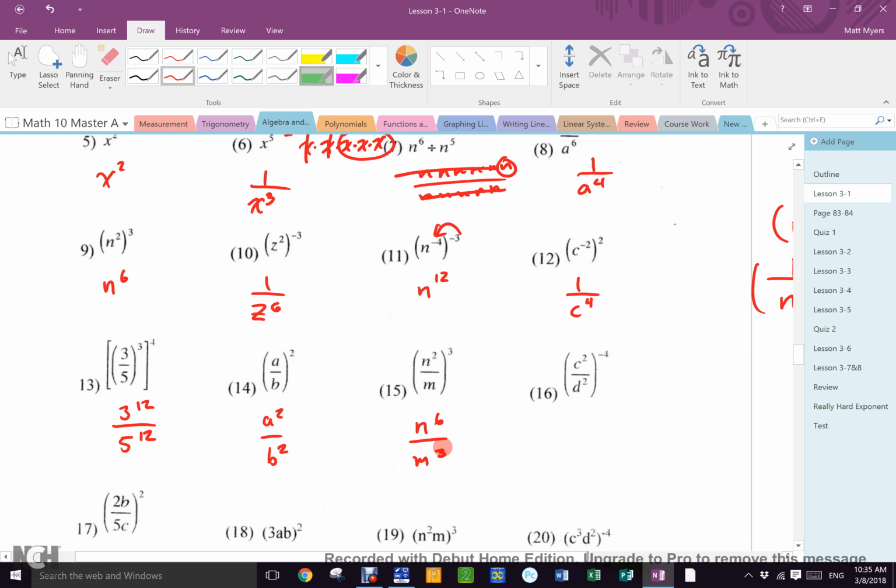Oh, 16. What is it, Elijah? D over C. You had to flip them because of that negative exponent. But what are the exponents? What do you do with exponents over brackets, brother? That's a 4, not a 1.